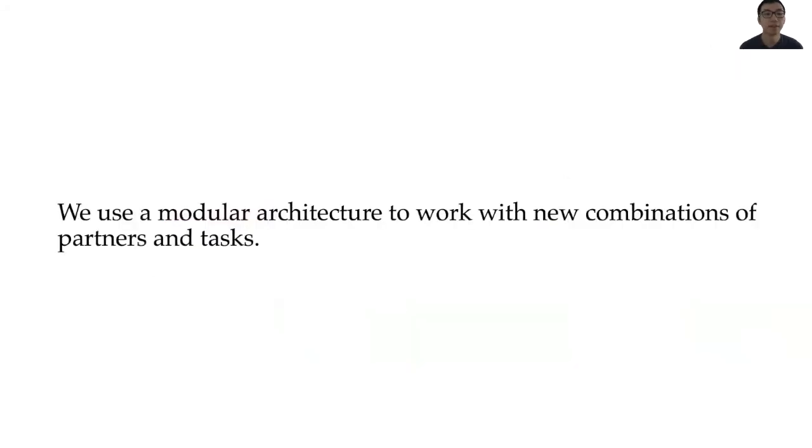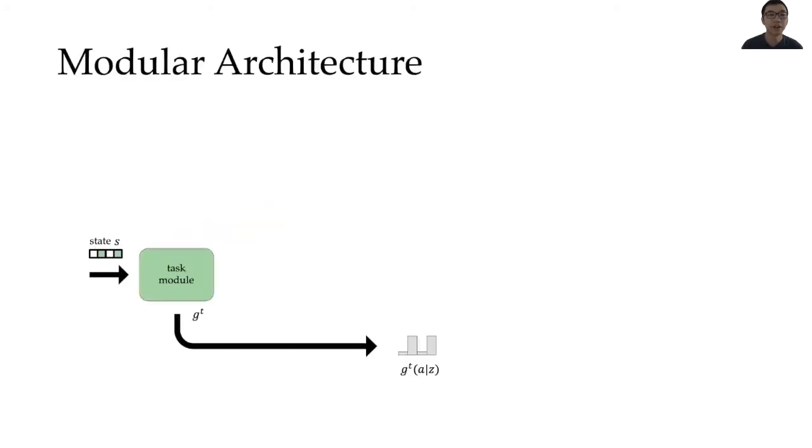So to do so in our project, we use a modular architecture to work with new combinations of partners and tasks. Here's how our framework works. So we take in a state observation S into the task module, which outputs an action distribution. You can think of this as what action would you take if you don't know the identity of your partner. Then we have a partner module, which outputs a separate action distribution, which roughly corresponds to the conventions that partners have developed.